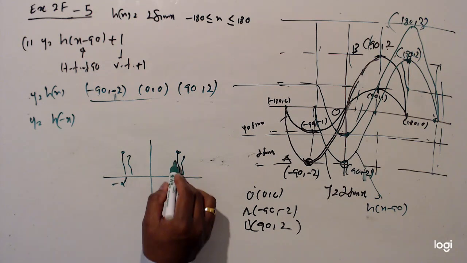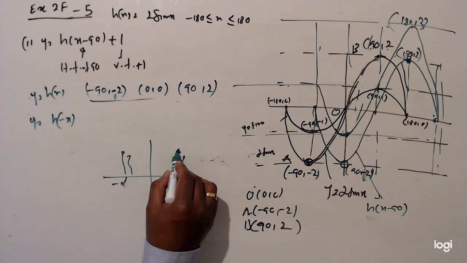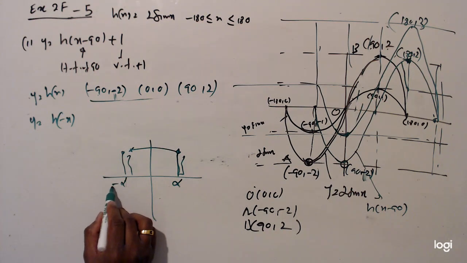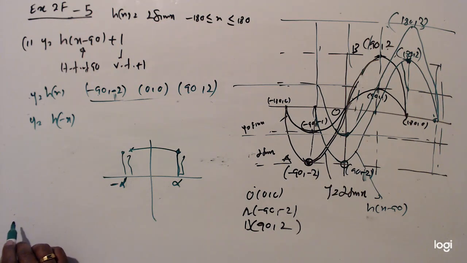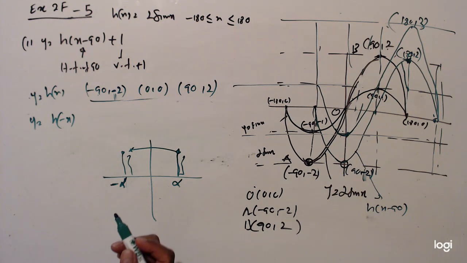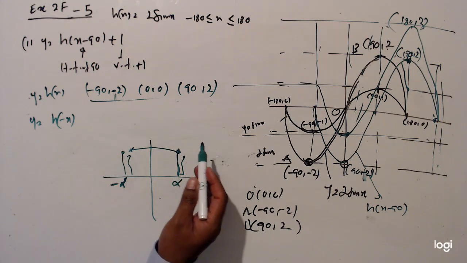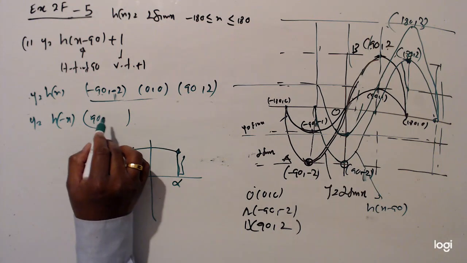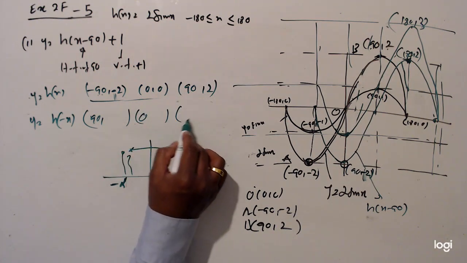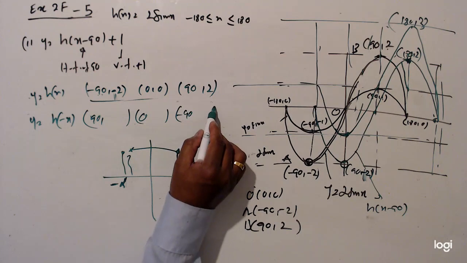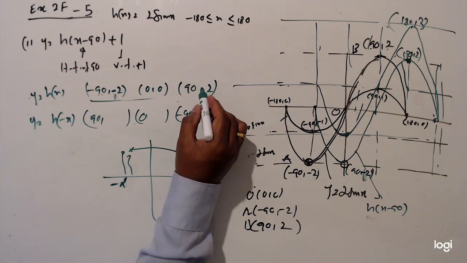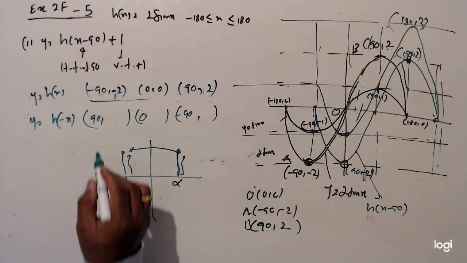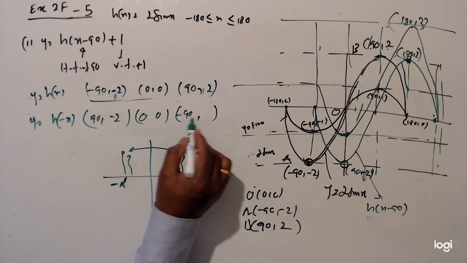We multiply by minus: negative to positive, positive to negative, all the x values. Minus 90 becomes positive 90, and 0 stays as it is. This 90 becomes negative 90.